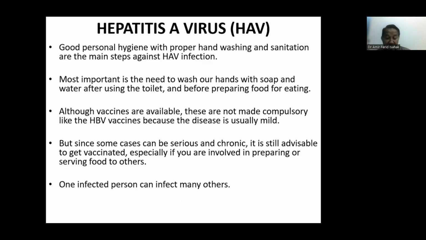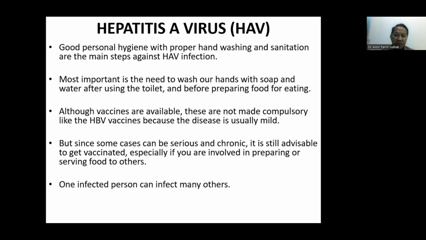So good personal hygiene with proper hand washing and sanitation are the main steps against HAV infection. And most important is the need to wash our hands with soap and water after using the toilet and before preparing food for eating. Although vaccines are available, these are not made compulsory like the HBV vaccines because the disease is usually mild.